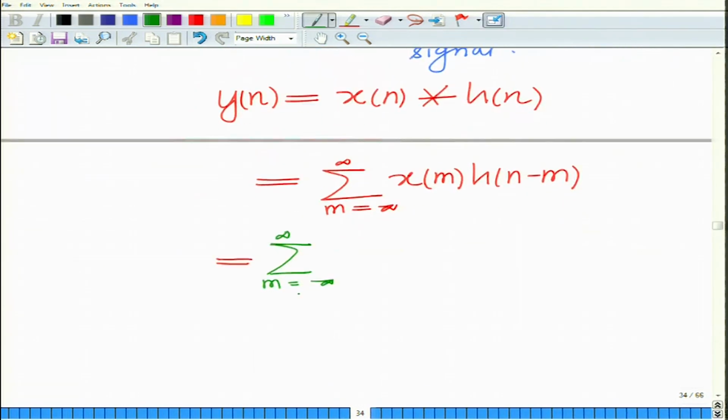Substituting the expression for x m, we have alpha to the power of m u m times h n minus m, which is beta to the power of n minus m u n minus m.